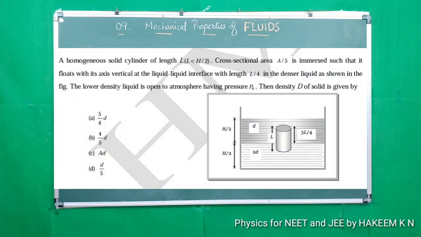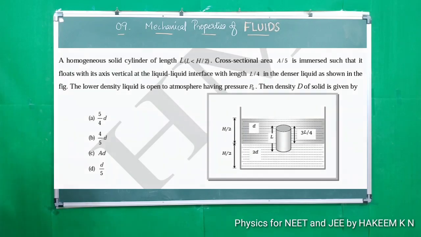A homogeneous solid cylinder of length L, less than h by 2, cross-sectional area A by 5, is immersed such that it floats with its axis vertical at the liquid-liquid interface, with the length L by 4 in the denser liquid as shown in the figure. The lower density liquid is open to atmosphere having pressure P0. The density D of the solid is given by.